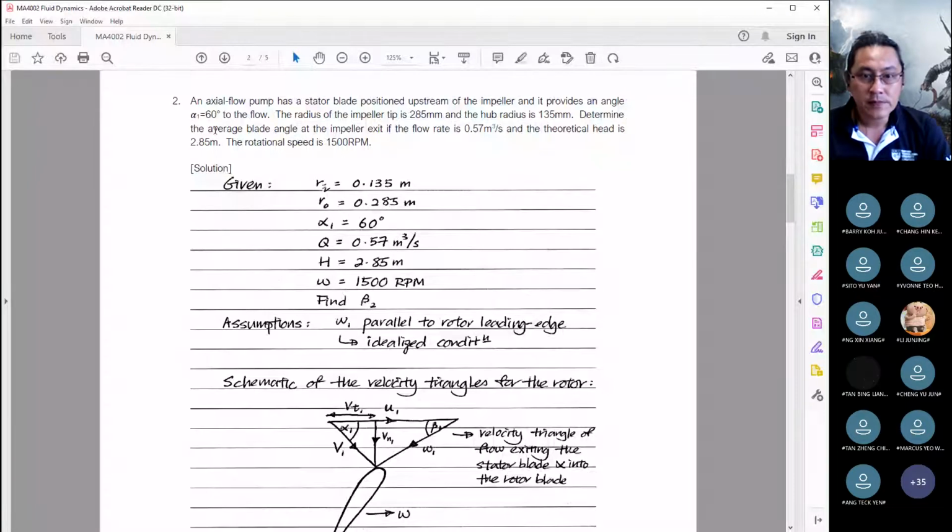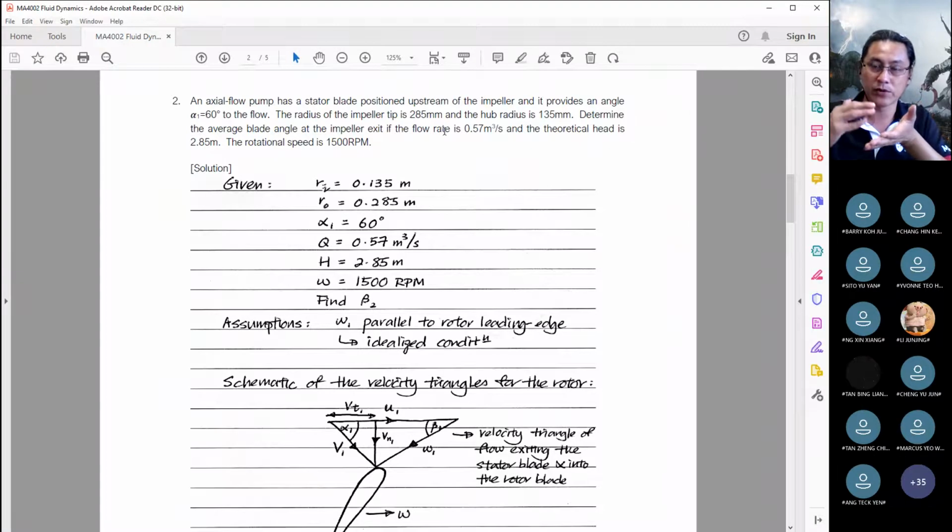Now, the radius of the impeller tip is 285 mm, so that means the rotor's outer radius is 285 mm, and the hub radius is 135 mm. So the hub radius is the inner radius, and we have an outer radius and an inner radius.